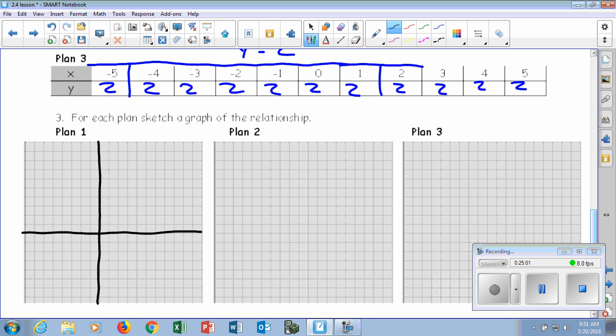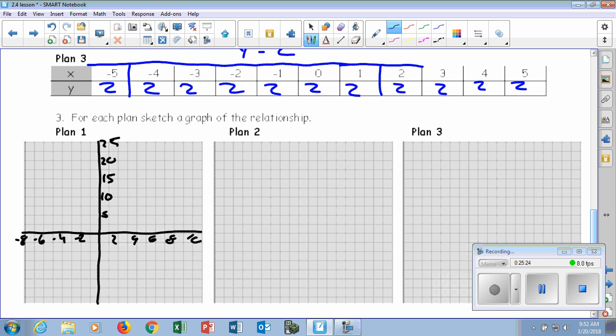So I'm going to go by twos. 2, I'm going to skip lines. 4, 6, 8. And then over here, positive 2, 4, 6, 8, 10. And then the same thing, when I go up, I'll skip a line and go by 5. 5, 10, 15, 20. I'm going to decide that on the numbers I'm given.